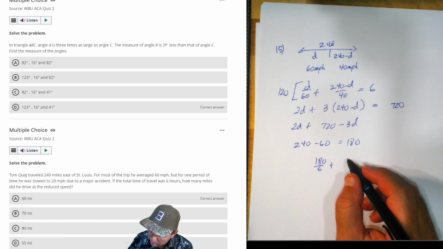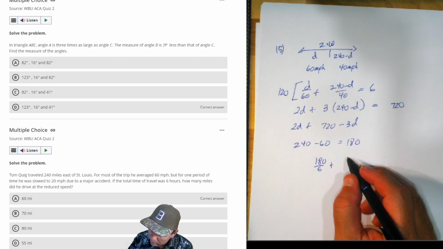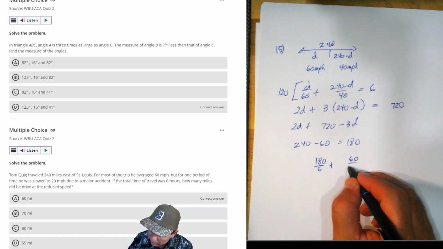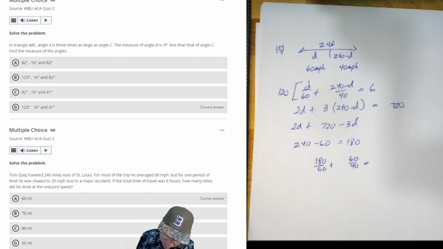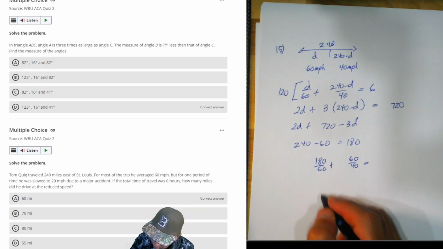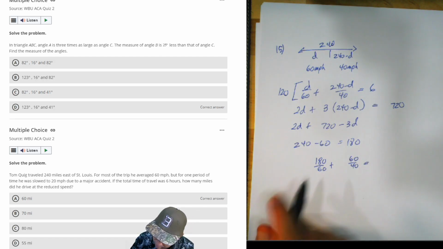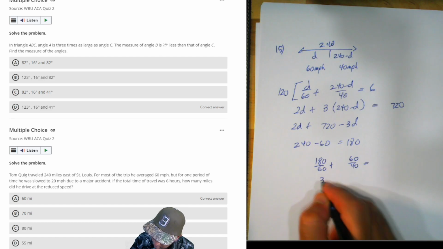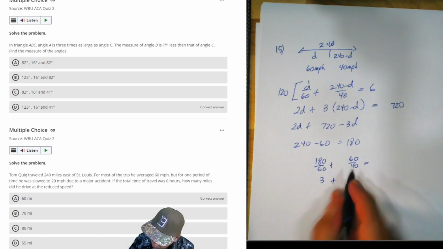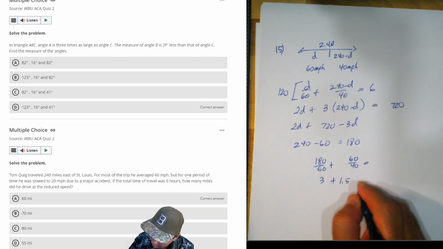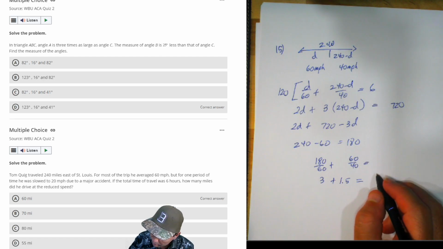Plus, they're saying he traveled 60 miles at 40 miles per hour, and that should equal 6. So 180 divided by 60 is going to be 3. And 60 divided by 40 is equal to 1.5. That does not equal 6 hours.